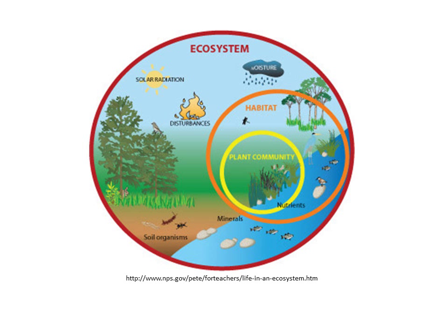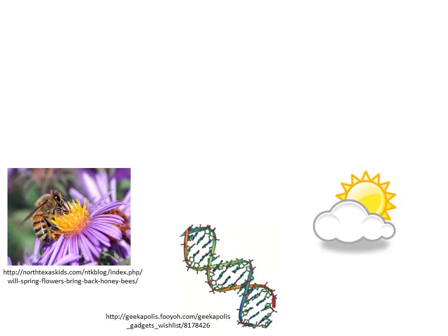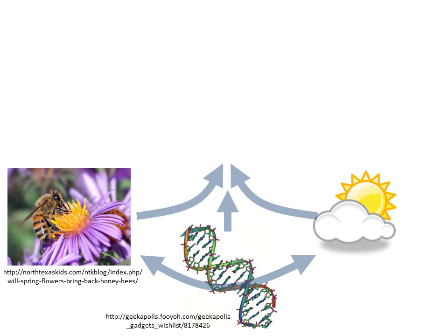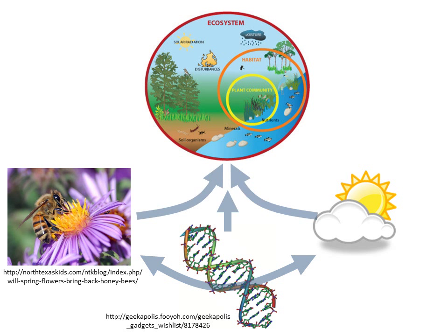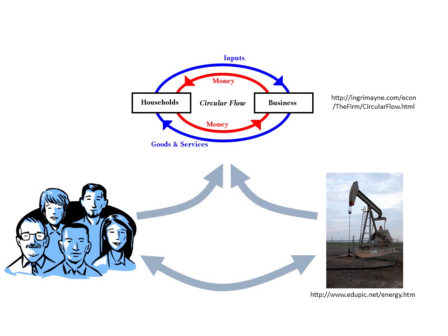In ecology, we see how species behavior and genetics interact with the physical reality to structure the ecosystem. In economics, we see that social behaviors, the usual economic concern, interact with the physical reality, like geology, climate, the biology of other species, to structure the economy.